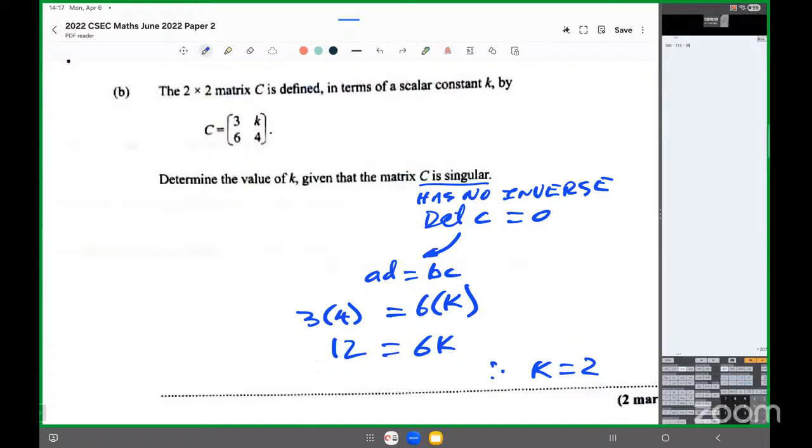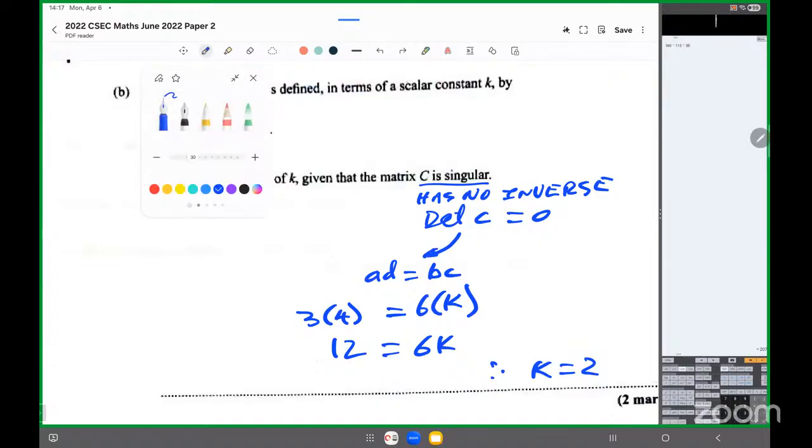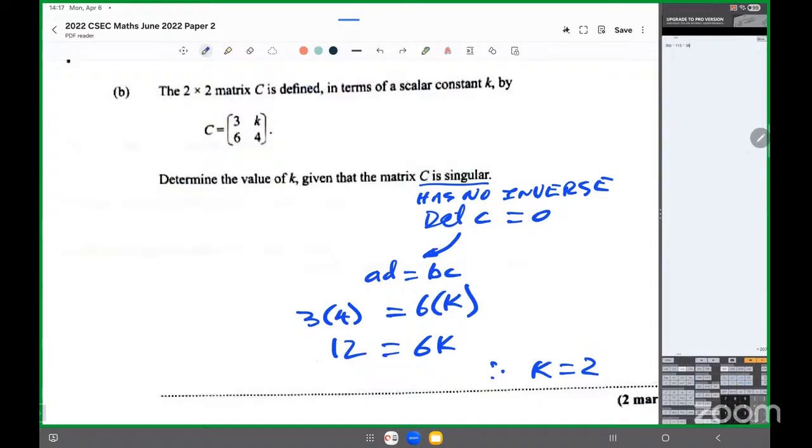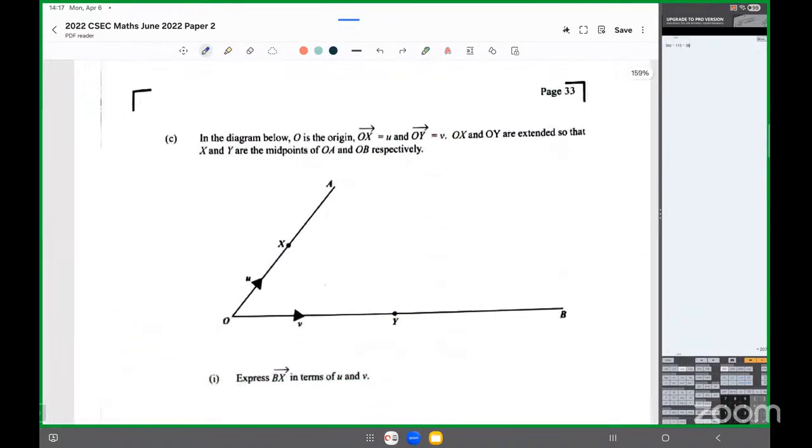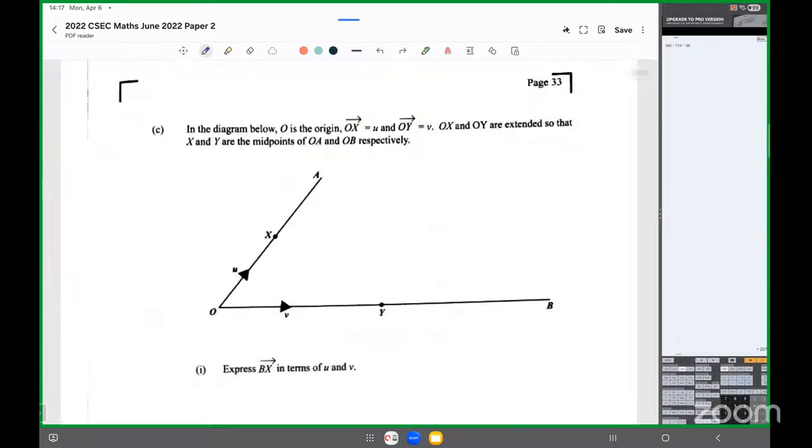Next question. It's vectors. It says in the diagram, O is the origin right here.